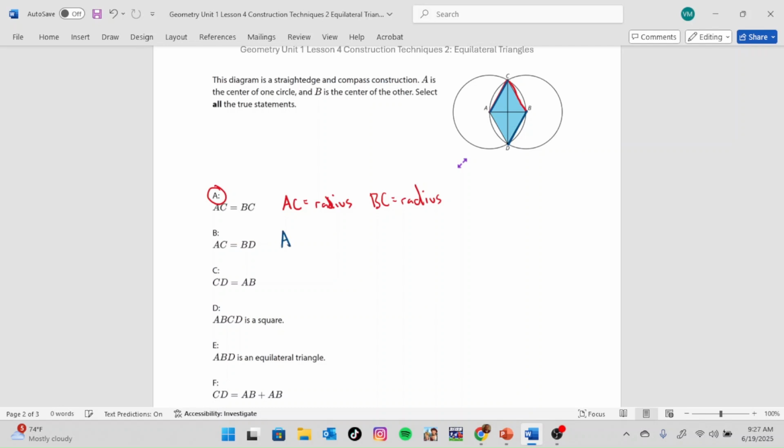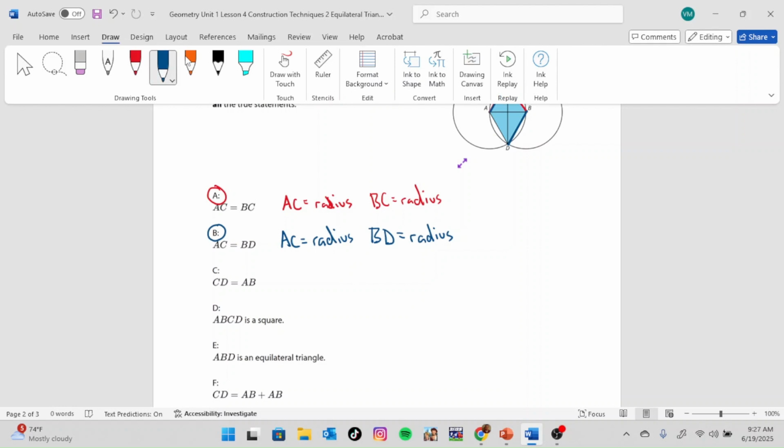Well, again, we already said that AC was a radius. Now BD goes from the center point out to the circle, so that means BD is also a radius. Therefore, B is correct. These two line segments are equal.